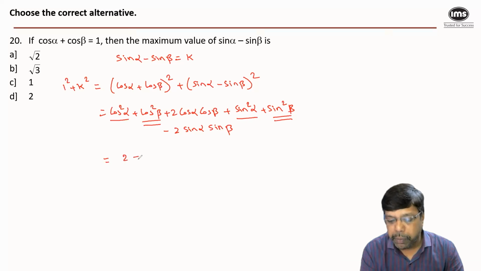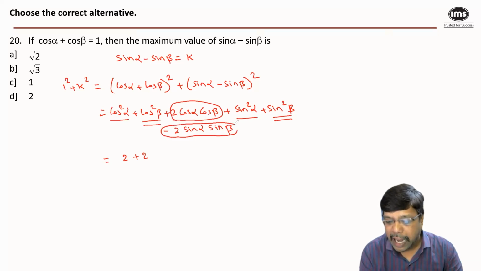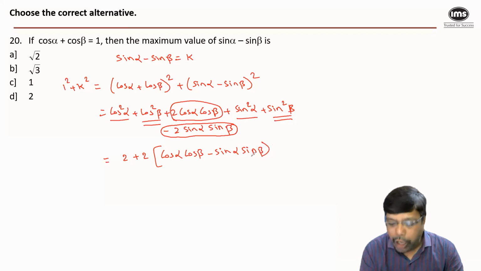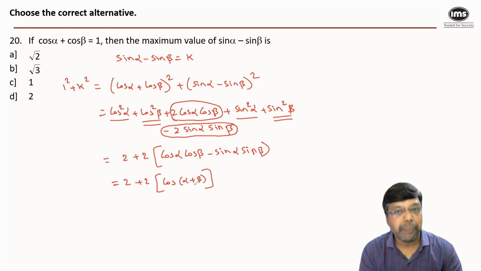So 2 plus, if I take 2 common in these two terms, 2 cos alpha cos beta and minus 2 sin alpha sin beta, then the value in the brackets will become cos alpha cos beta minus sin alpha sin beta, which all of us know is the expansion of cos alpha plus beta. Right?